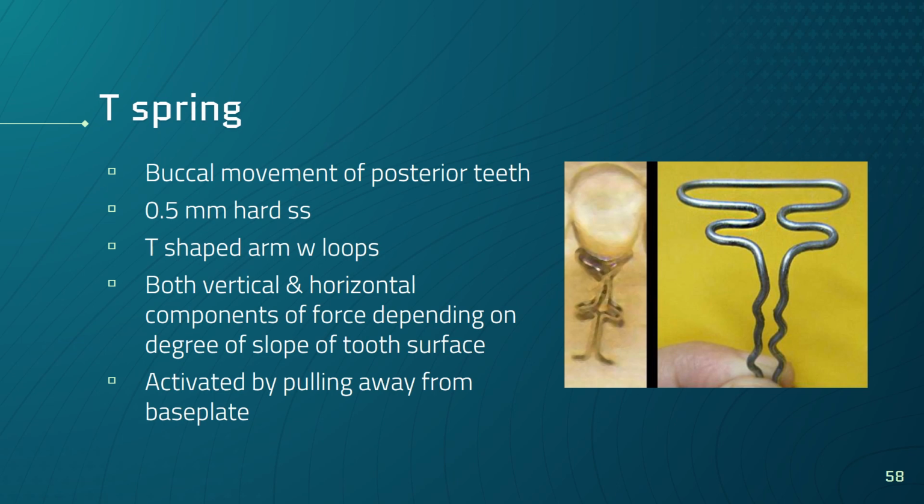It has a T-shaped arm with loops. Now, there is also both vertical and horizontal components of force depending on the degree of slope of the tooth surface. And it is very easy to activate. We just need to pull the T-spring away from the base plate.